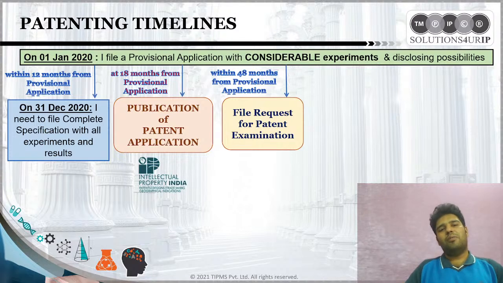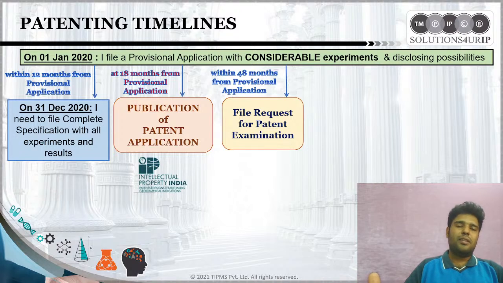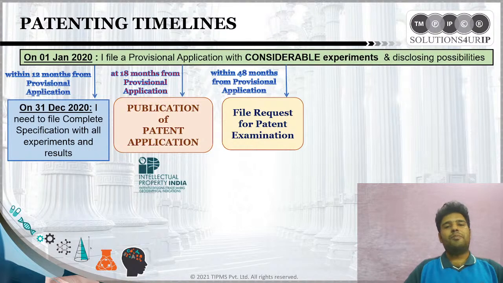There can be pre-grant oppositions under section 25 subsection 1. There can be post-grant oppositions even after the patent is granted. Within 1 year from the grant of the patent, the patent can still be opposed under section 25 subsection 2. But opposition is not possible unless people are made aware that you have applied for a patent.